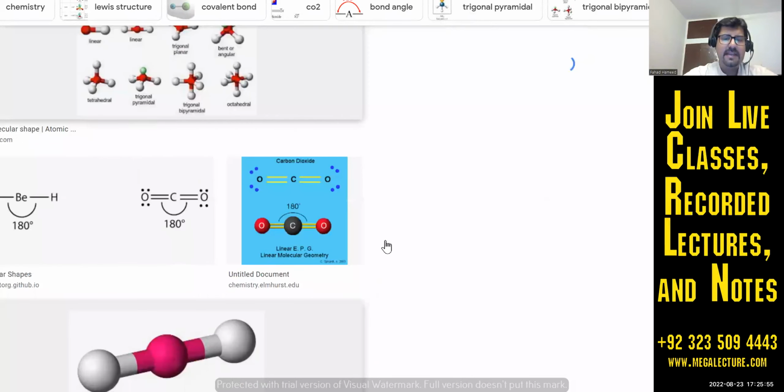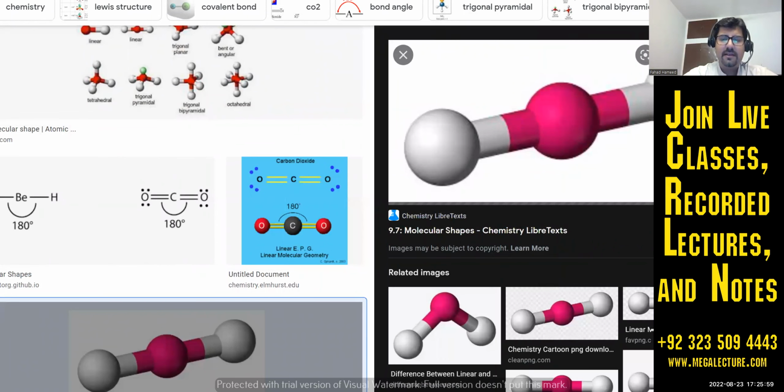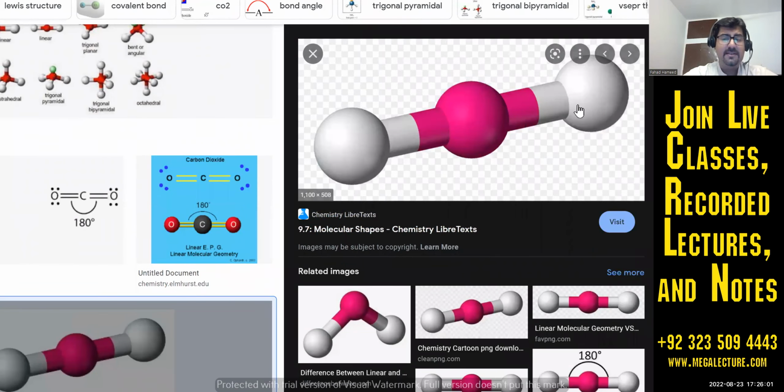It's going to be exactly like this. It's going to be 180 degrees, and it's going to be linear. One atom, the other atom is over here, the other atom is over here. That's it. That's a linear shape.